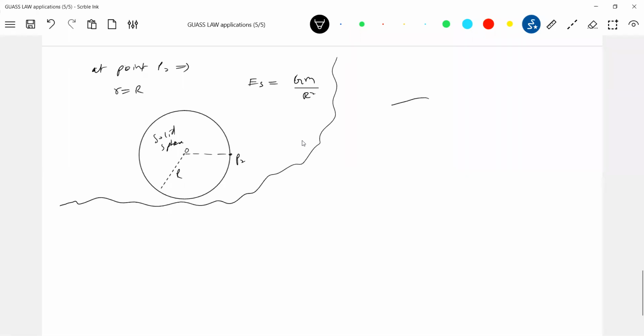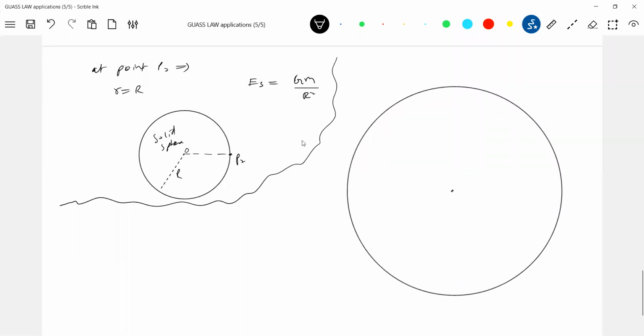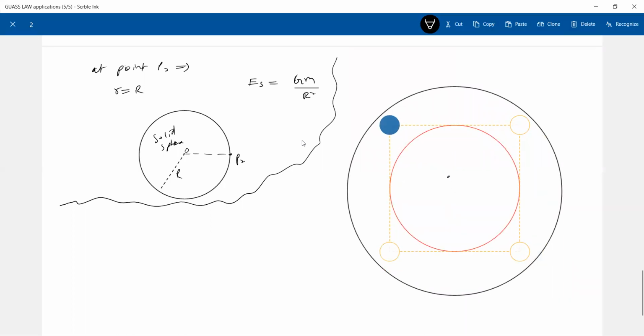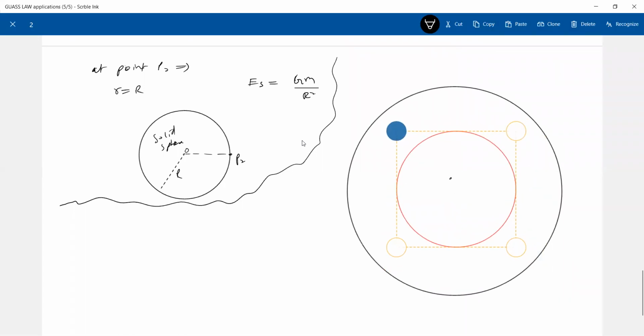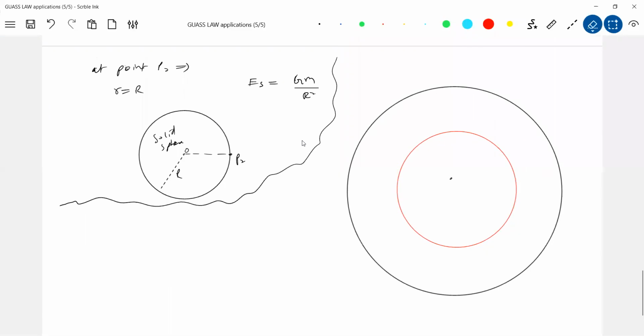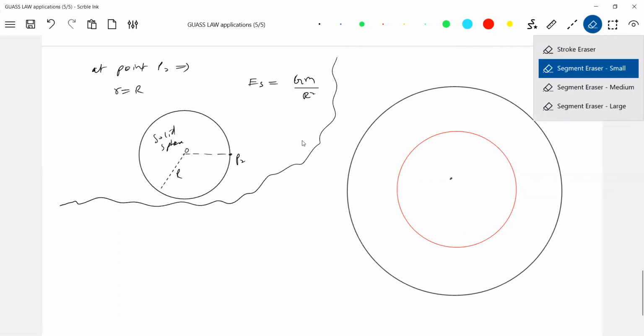Let me take the same sphere. No, this is the Gaussian surface, I assumed it.